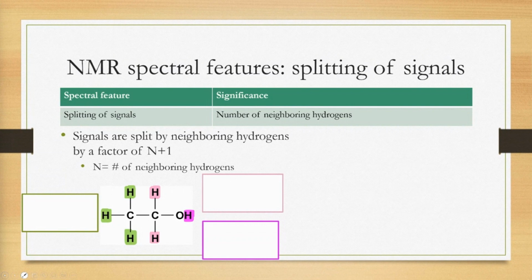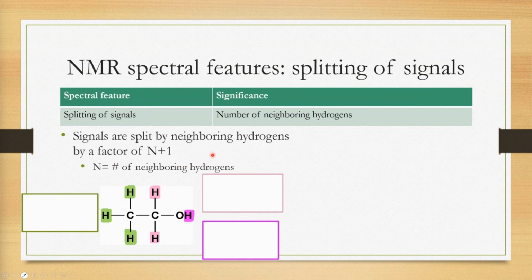This is really useful because NMR can tell you not only how many hydrogens correspond to each peak, but how many hydrogens are on adjacent atoms. So we say signals for a specific group of hydrogens are split by the neighboring hydrogens, and we use a factor of n+1, where n equals the number of neighboring hydrogens.